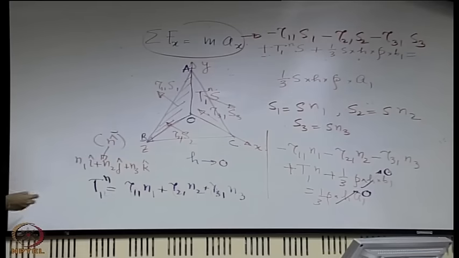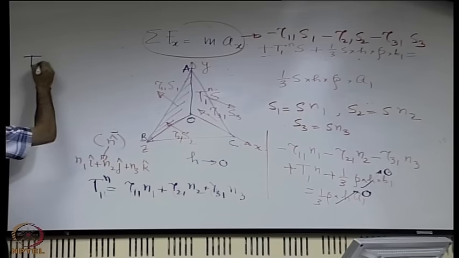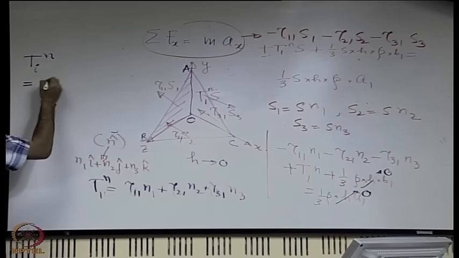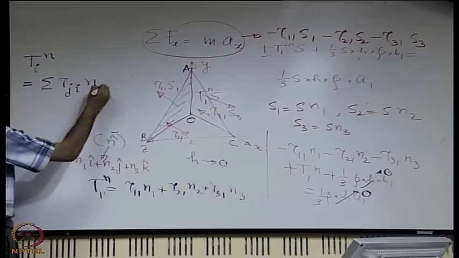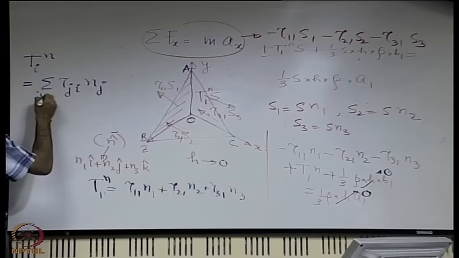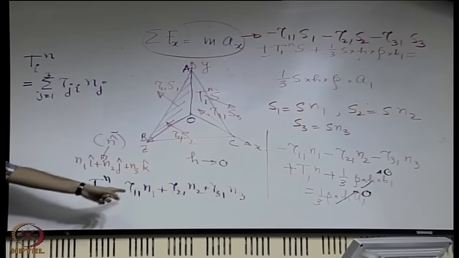So, you can just generalize it. You have one index i which is fixed, the other index j which is a variable which varies from 1 to 3.